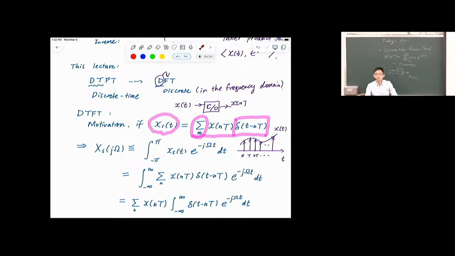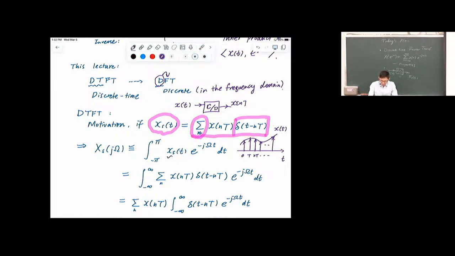The convention is lowercase letters for the time domain and uppercase, big X, for the frequency domain. So this is nothing but the definition of Fourier transform, nothing more, nothing less. Just plug it in and use this expression.